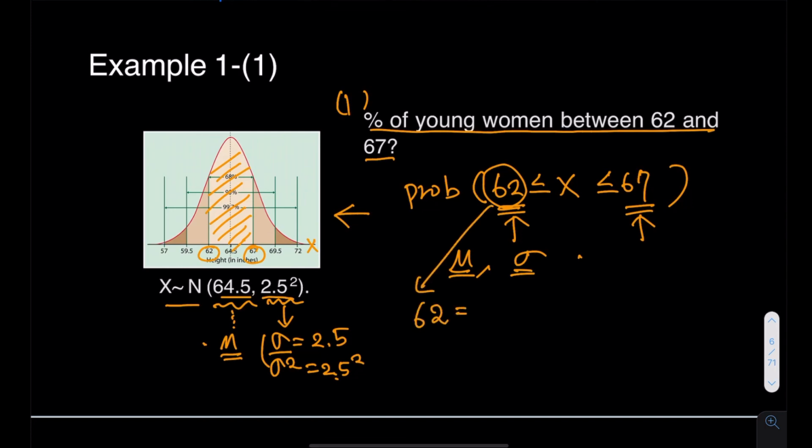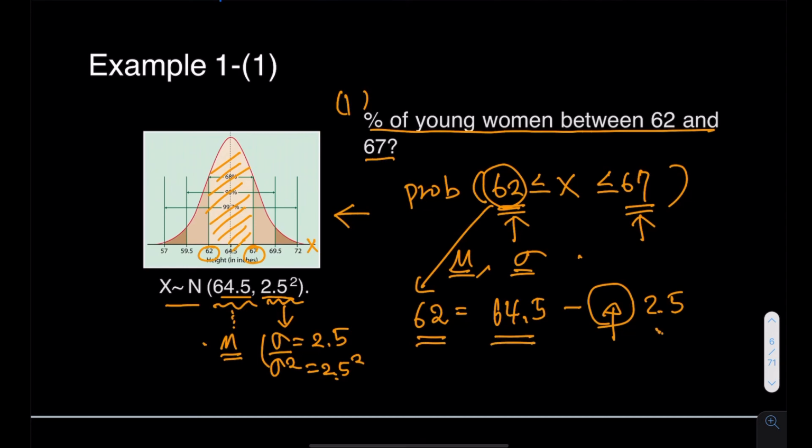So let's check it. 62 compared to the average 64.5 is less, but we want to know how much less than 64.5, relative to this sigma, 2.5. I don't know how many sigmas the difference is between that specific value 62 and this average.